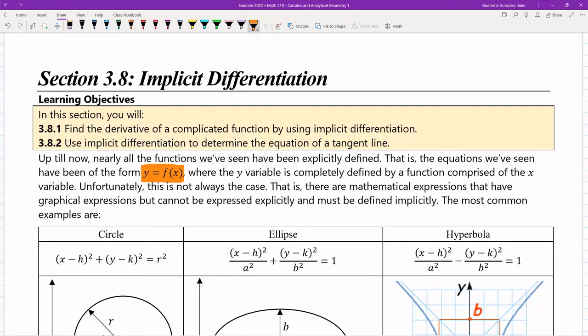So there's our distinction. Explicitly defined functions are where you can actually say y equals stuff, and an implicitly defined function is where you can't do that.